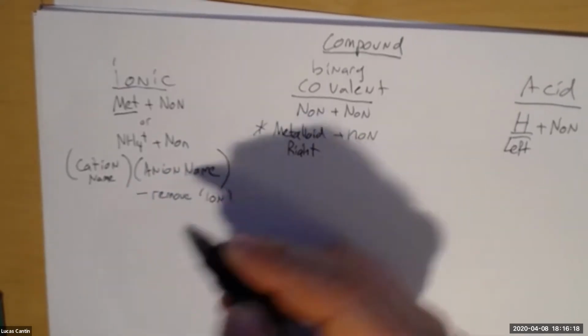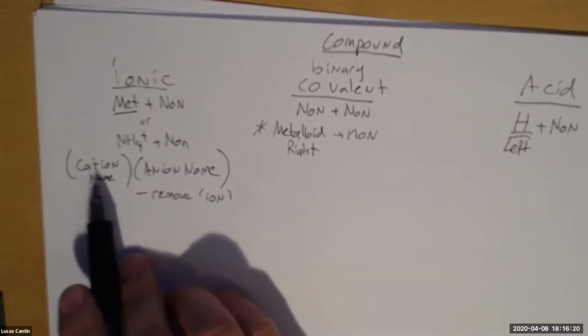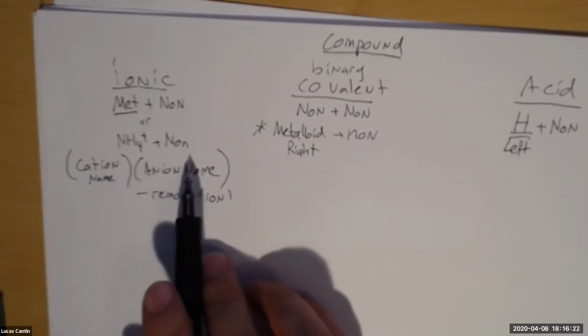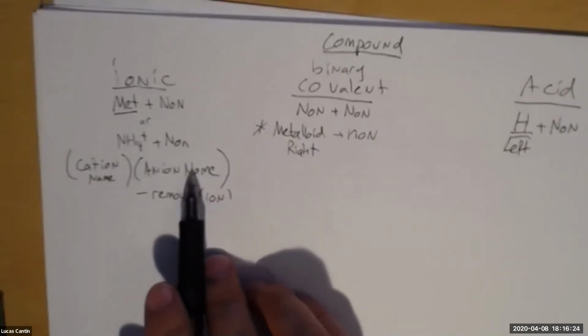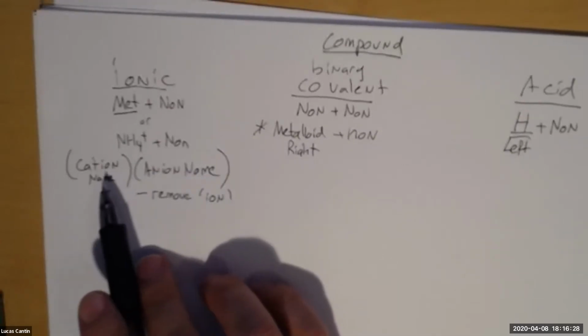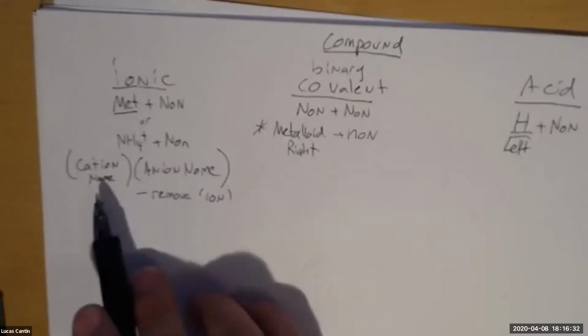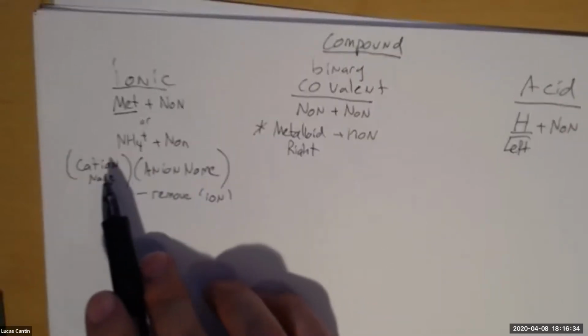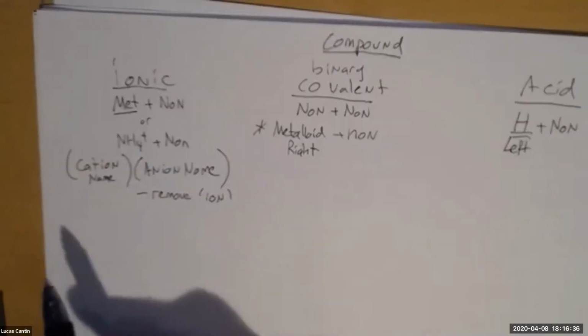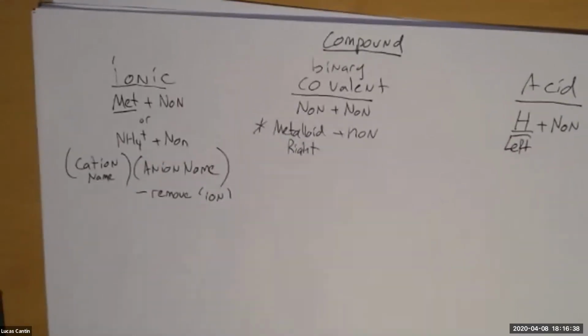If it's an individual cation, then the name should end with ion. If it's an individual anion, it should end with ion. So calcium ion, chloride ion. But if I put them together, then I just say calcium chloride, right?